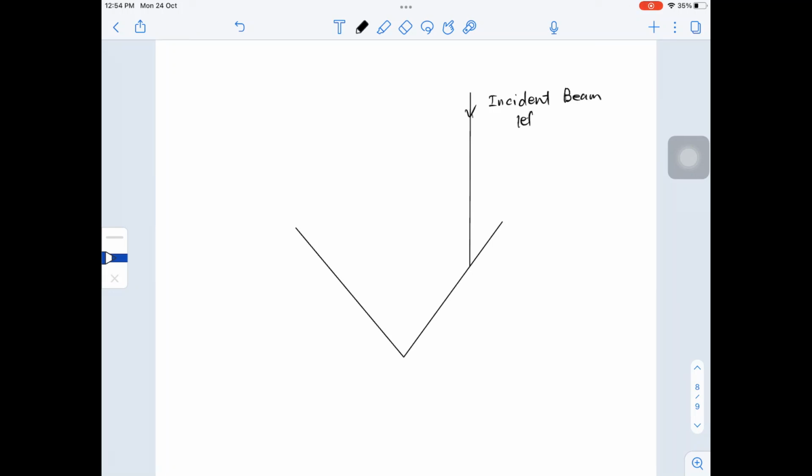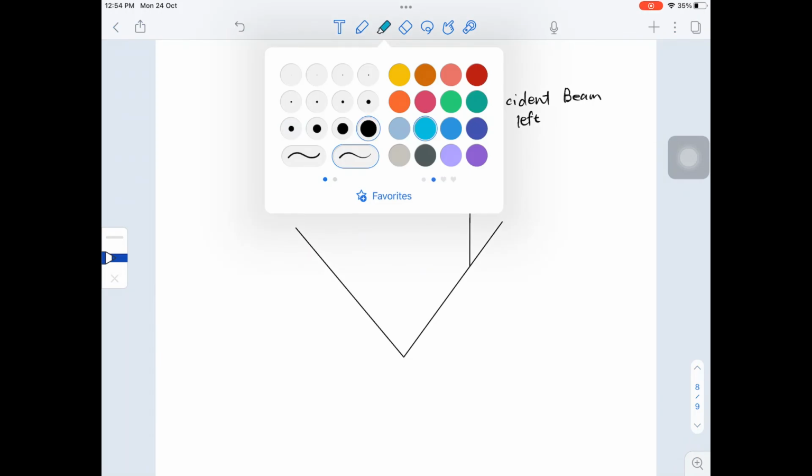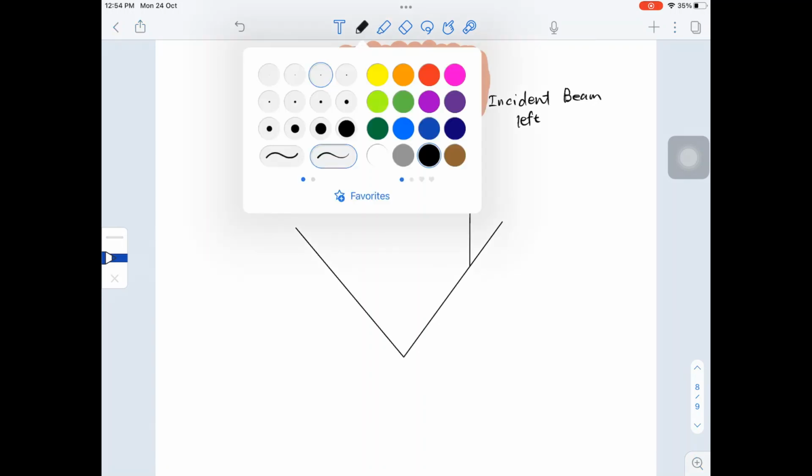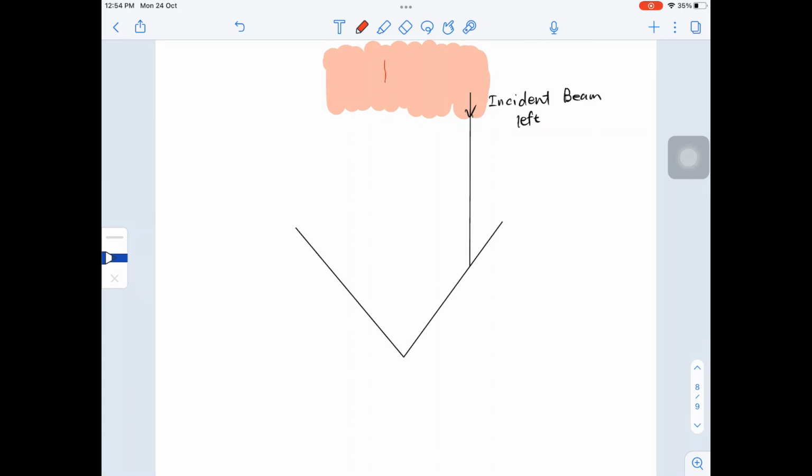Because all the light coming towards the pyramid has the same polarization.